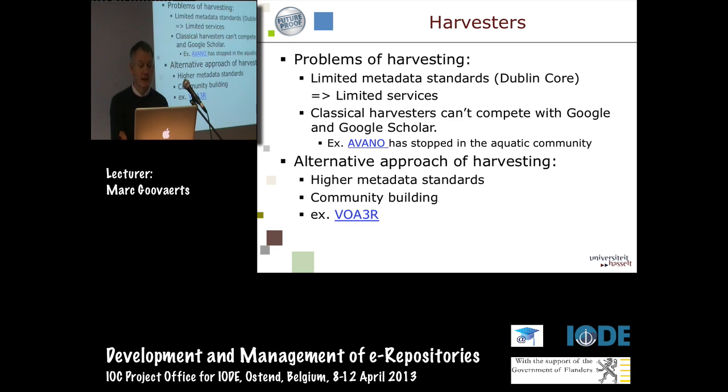It's a pity, but I think in the classical way, as a harvester or search engine, you can't compete with Google or Google Scholar. You have to get extra services if you want to make it attractive to a public. So I think, therefore, the metadata standards have to be higher than simply filling out those 15 fields of Dublin Core.